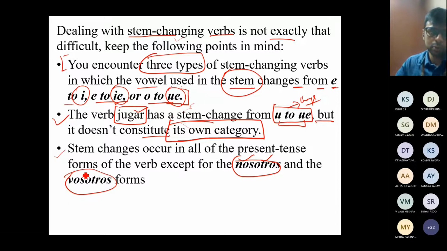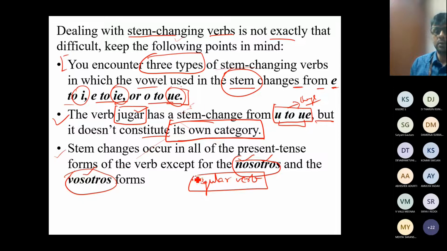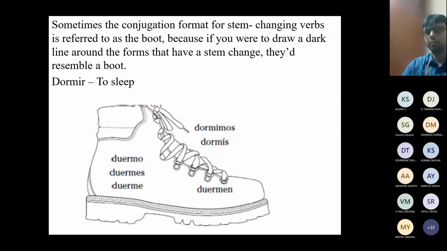With nosotros and vosotros, it does not change; basically it is conjugated like a regular verb. I know it may sound a little bit confusing and very heavy right now, but with an example it will be clear. So let us see it here with an example.